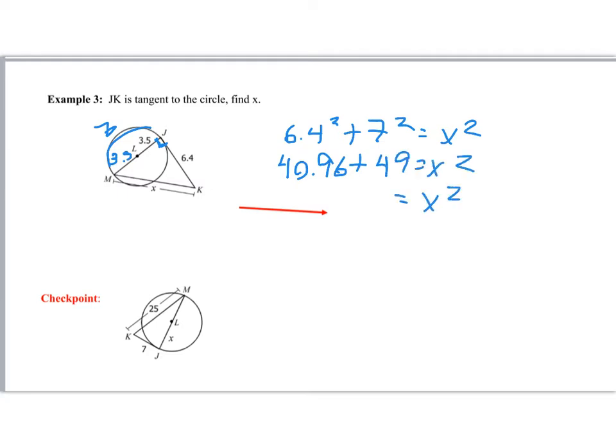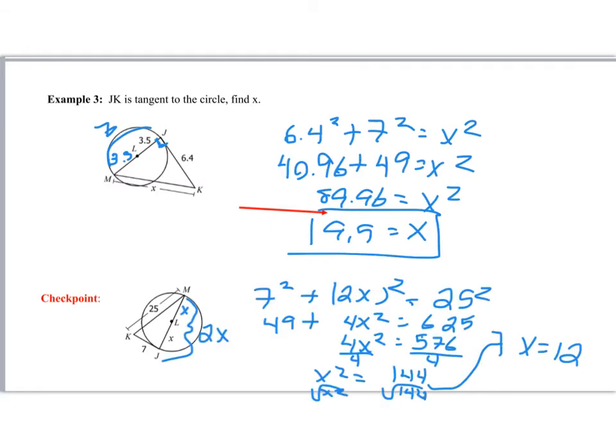Therefore, X squared is equal to 89.96, and when you do the square root property, you get 9.5. All right, go ahead and pause. When you're ready to take a look at the answer, jump back on. And here's the answer.